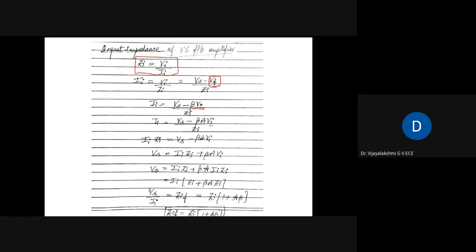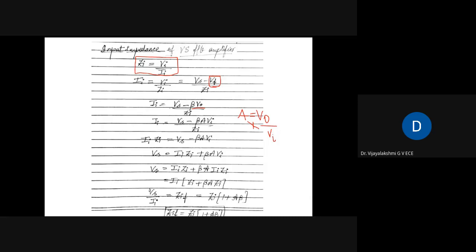Once again, what is V naught? V naught is written in terms of A Vi because we know that A is equal to V naught divided by Vi. So V naught is given as A into Vi.